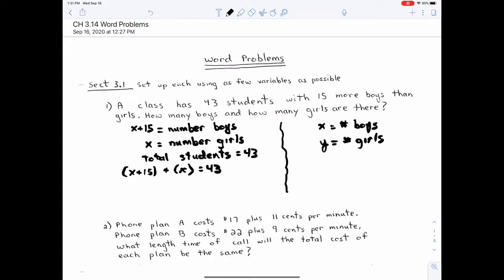There are 43 students, x plus y equals 43. And the number of boys is 15 more than the number of girls. So you have two equations, two variables, and you'd solve by substitution or elimination.